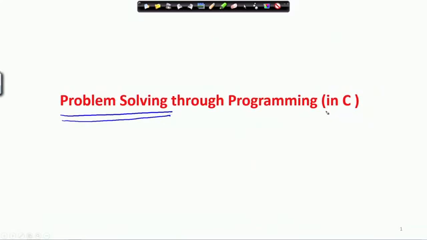Also there is another thing in the bracket, you can see that we will be discussing programming in C. Now, C, why I have put it in the bracket, the reason is that C is just one of the means, one of the languages using which we can do programming. There are different other languages like, as many of you know, Java, C++ and others, using which we can also do programming.